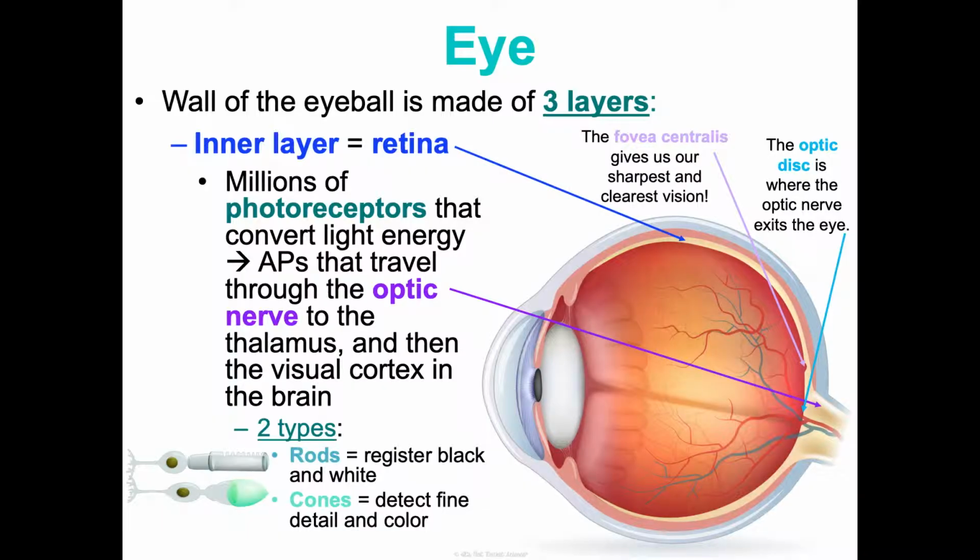A fun fact about the optic disc is it's also known as our blind spot, because there are no photoreceptors right here where the optic nerve exits the eye. So that's what we're referring to when we say blind spot. Also in this picture, you can see these red and blue things. What are those? That's just the central artery and vein that are bringing blood and nourishment to the eye and removing waste from it. You can see them there where the optic nerve is.